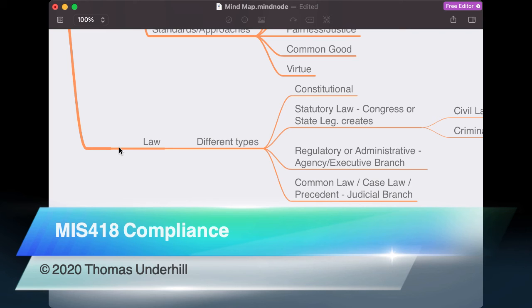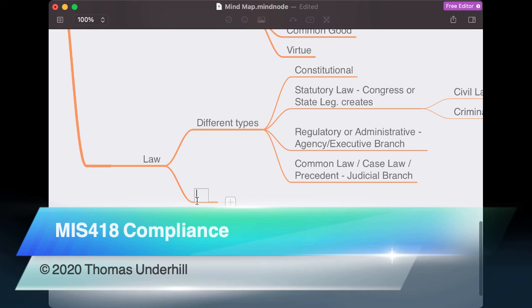Now, within the law, let's look at some examples that relate to information security. Some examples from an information security perspective are the Computer Fraud and Abuse Act.